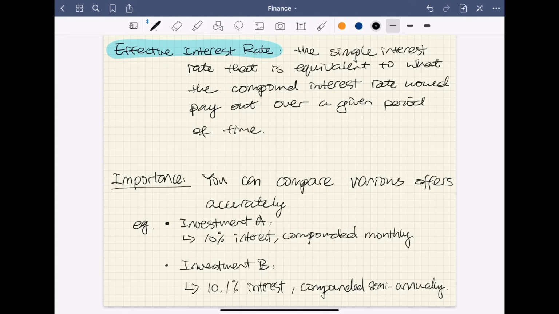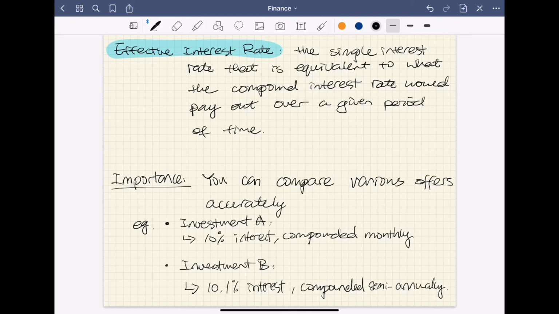So why is this important? Why do we want to learn this? This is important because you can only compare various offers accurately if you know this effective interest rate. So let's say, for example, investment A is 10% interest compounded monthly, and investment B is 10.1% interest compounded semi-annually.